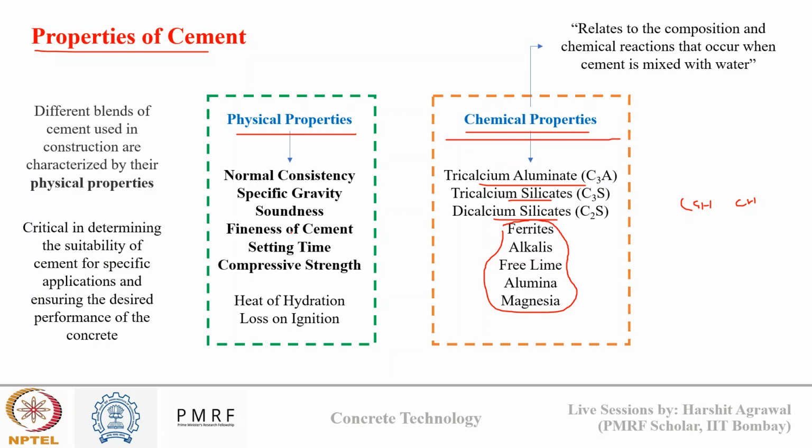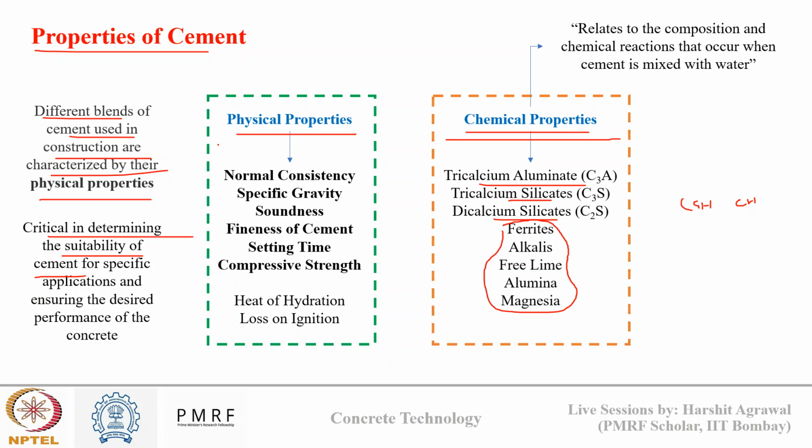Now what is the end result? What dictates the use of cement in concrete? These questions are answered from the physical characteristics of cement. Different blends of cement used in construction are categorized by their physical properties, and these are critical in determining the suitability of a cement for a specific application and ensuring that the desired performance is met in concrete.